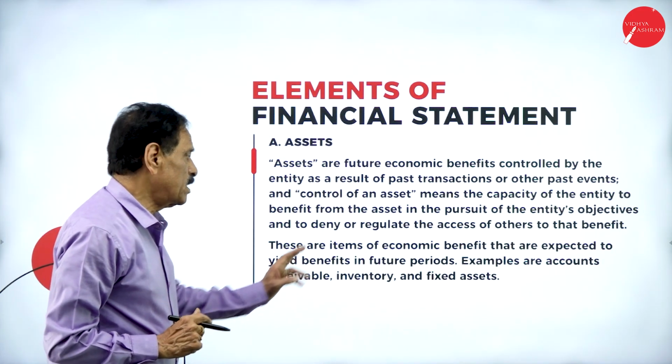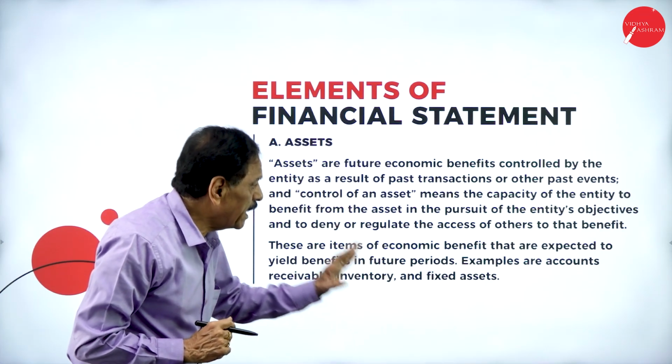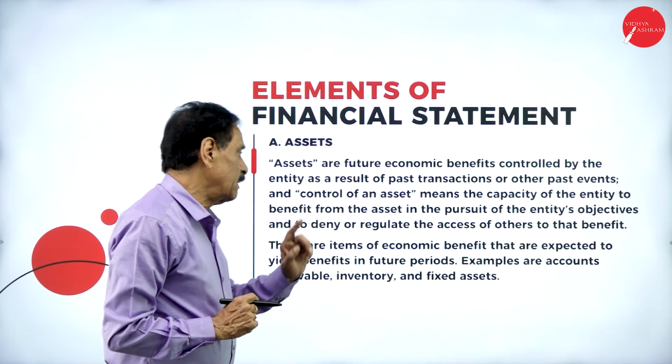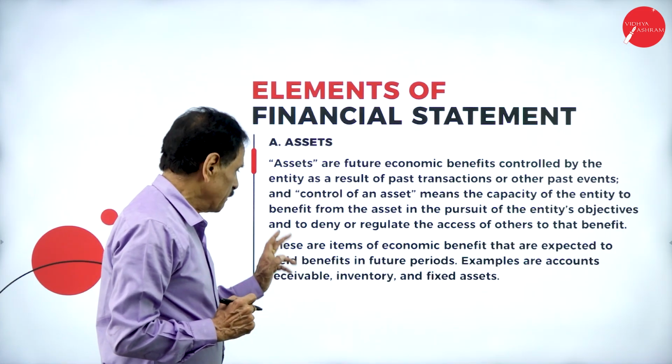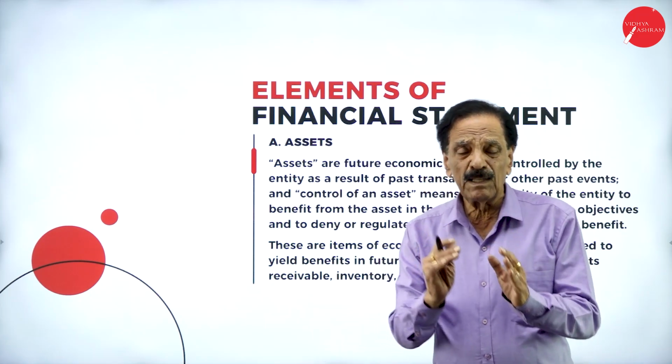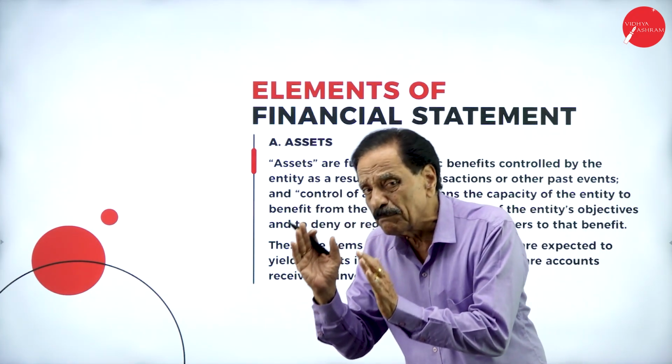These are items of economic benefit that are expected to yield benefit in future periods. Examples are accounts receivable, inventory, and fixed assets. So here, an asset means the property owned by the business.